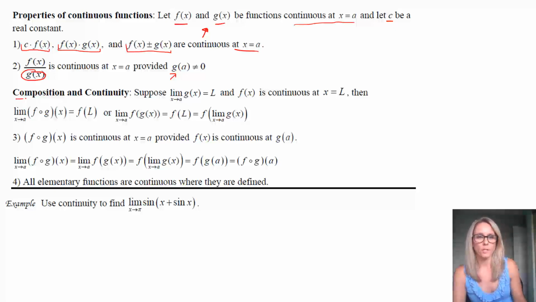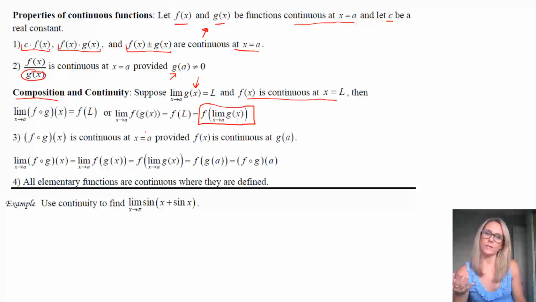Now, in terms of composition, it's really just the fact that, say we have a limit as x approaches a of g of x, say it equals L. Say f of x is continuous at x equals L. Then we have all this notation here, which basically just says that, kind of the big one I think, is that you can bring the limit into f, because f is continuous at this limit value for g of x.